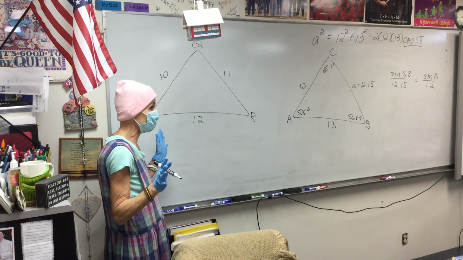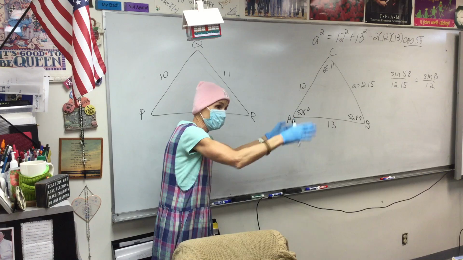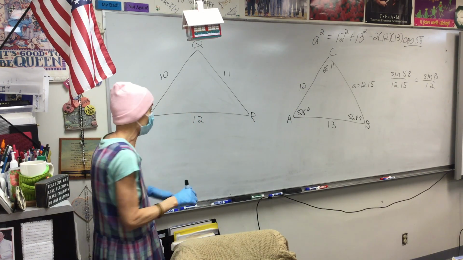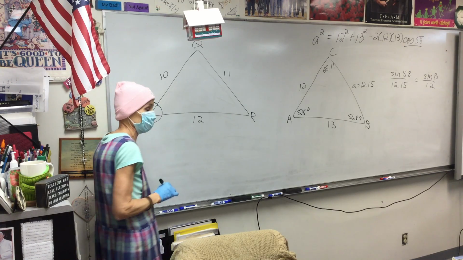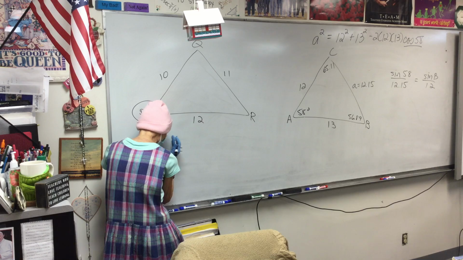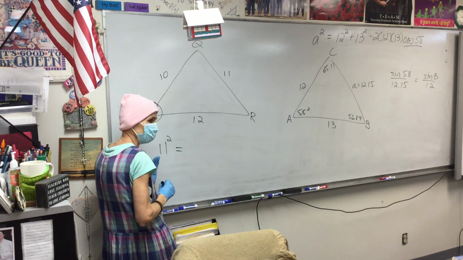Now, Dan said let's find P. I'm fine with finding P. But we need to remember, if the directions say find this particular one, we need to know how to find it. Everybody clear? Alright, so if we're going to find angle P, then which side is going to be over here all by itself squared? 11 squared.